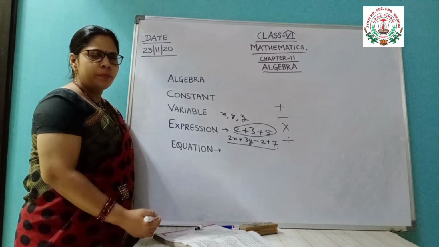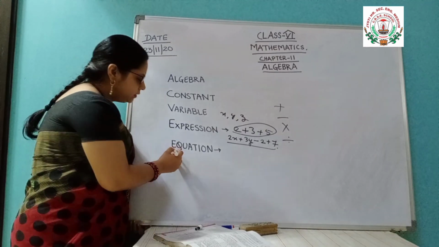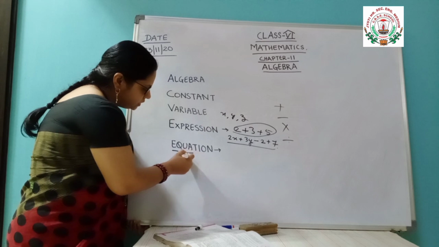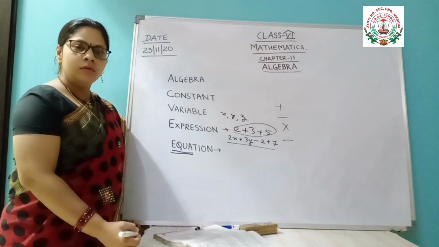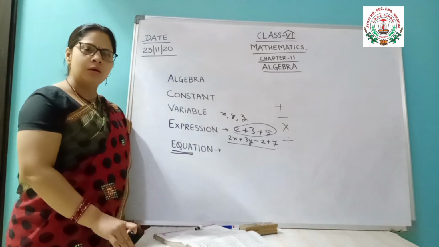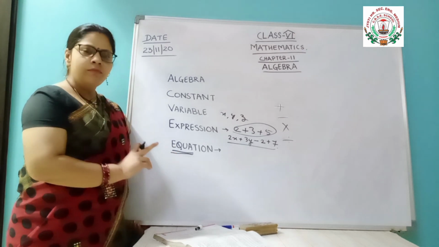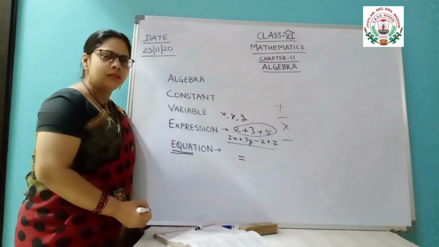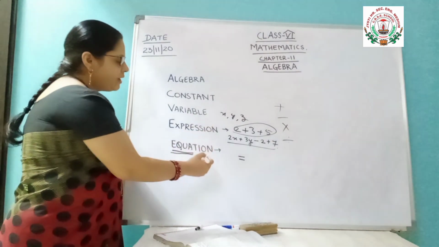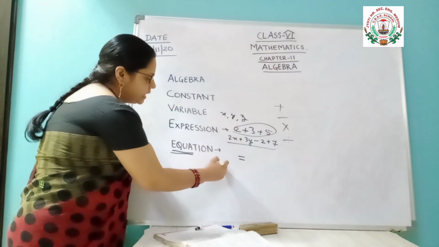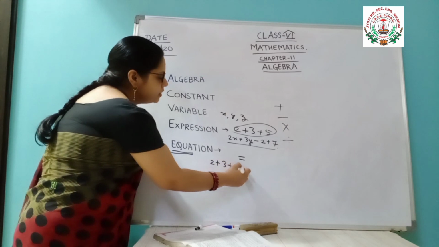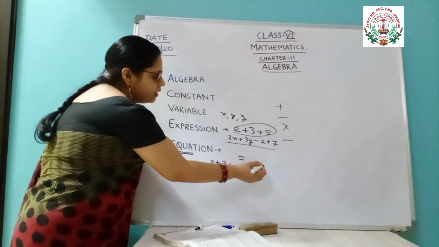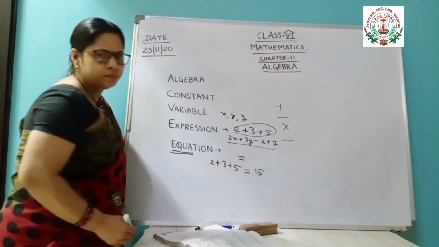Next comes the topic equation. By the term itself, it sounds like equal, so it will have one equal sign. Now, if I write for this example 2 plus 3 plus 5, an equal sign, and then I write something else, 15.